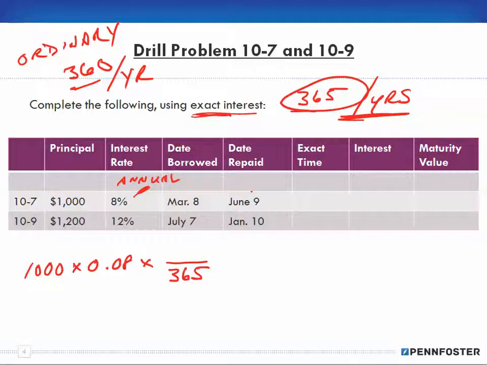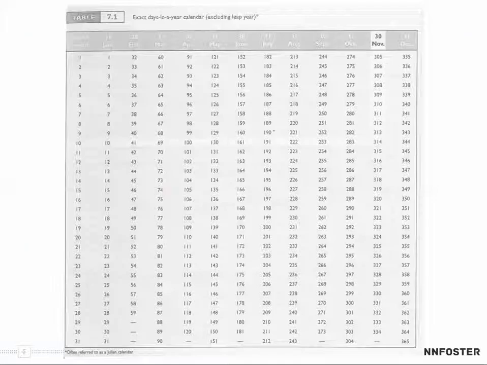So like I said, you can draw out a timeline and label this March 8th, and this June 9th, and then hash mark it off, write in the days, know how many days and then add them all up, or you can use the exact number of days in a year calendar, okay? And for this, we were looking at March 8th, so this is, oh, that's May, sorry.